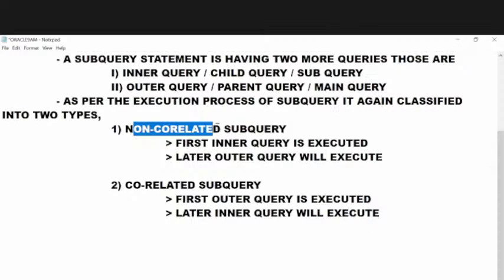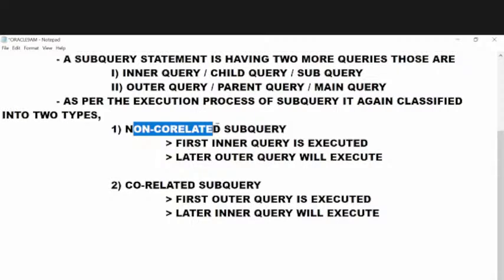In that case, you can use correlated. That means when my requirement can be fulfilled using non-correlated but I need to write some complex query, then to avoid that complexity and difficulty, you can use correlated.